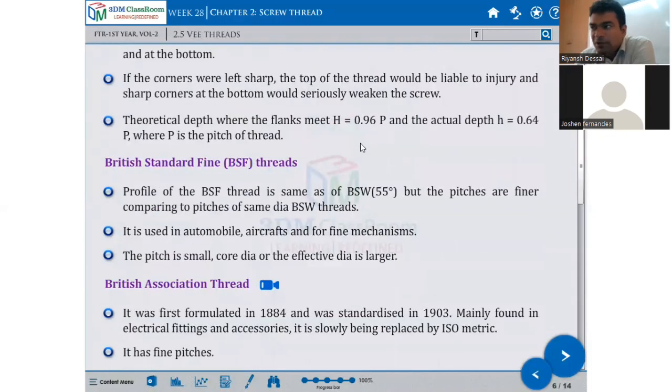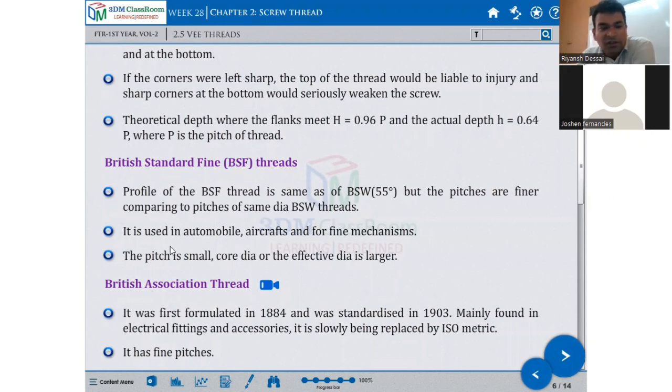British Standard Fine thread. The profile of the BSF thread is the same as BSW, included angle 55 degrees, but the pitch is finer compared to the pitch of the same diameter BSW thread. BSW and BSF have the same angle, but the pitch of the fine thread is smaller than the BS Whitworth thread.